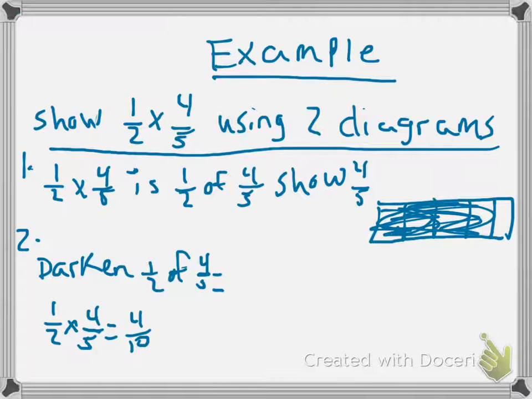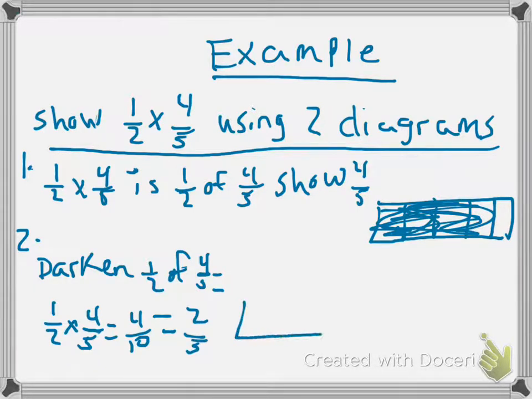The second one is you darken 1/2 of the 4/5. And if you multiply 1/2 times 4/5, you get in your numerator 4, and in your denominator 10, which then equals, because 2 goes into both of them, 2/5.